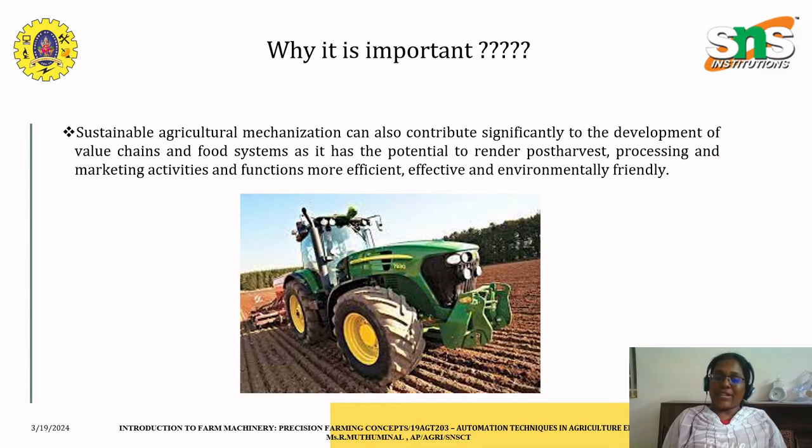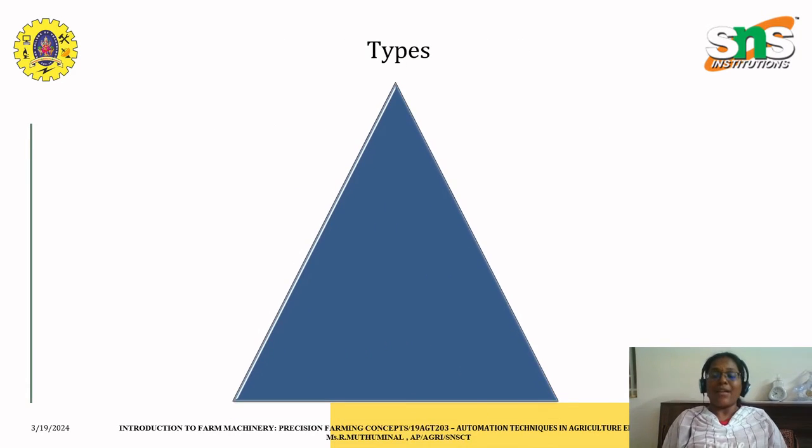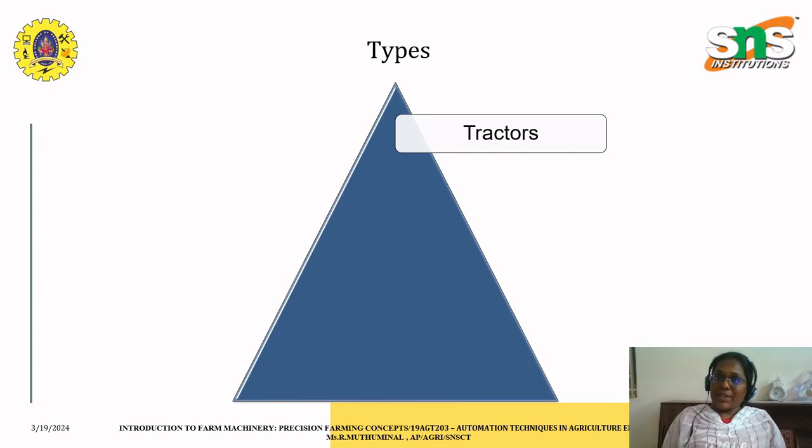Now we'll go into the types of farm machineries available for the cultivation of crops. The initial one is tractors. A tractor is a power source for farming, replacing the animals that we used initially.